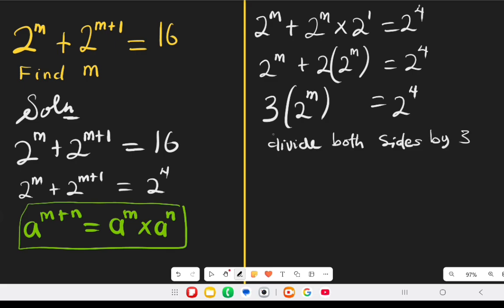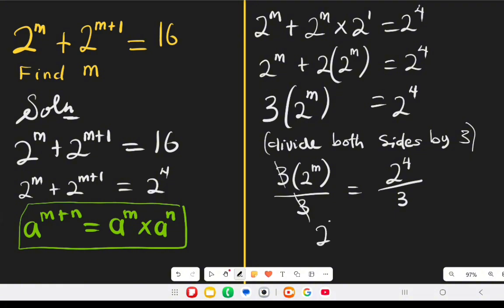When we divide both sides by 3, we have 3 into 2 raised to the power of n all over 3 equals 2 raised to the power of 4 all over 3. We cancel 3, left with 2 raised to the power of n equals 2 raised to the power of 4 all over 3.